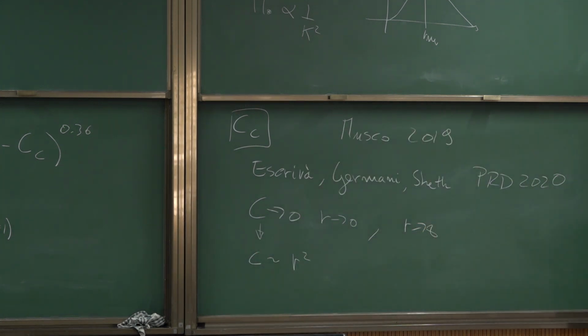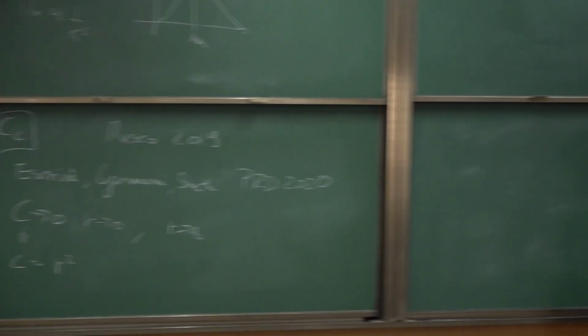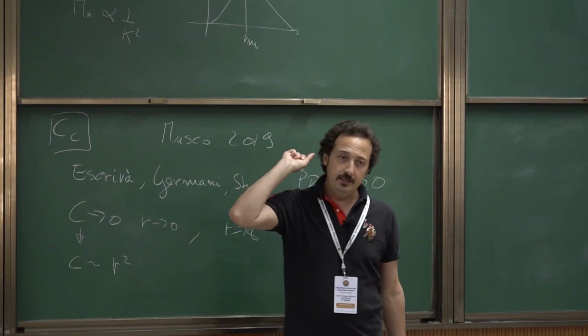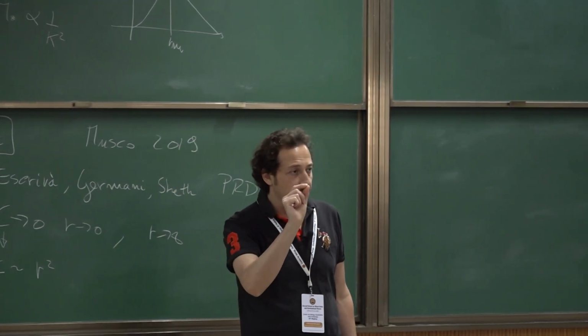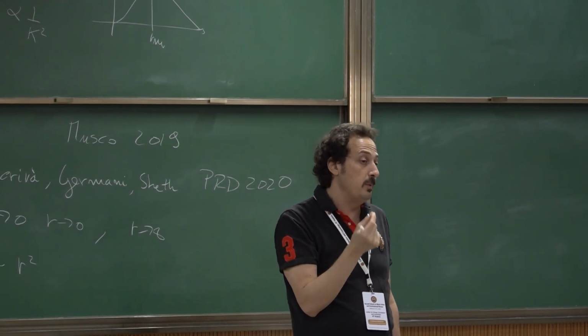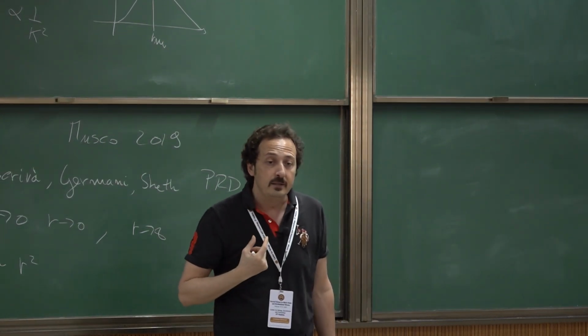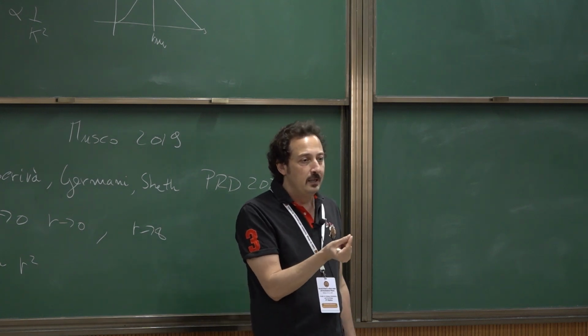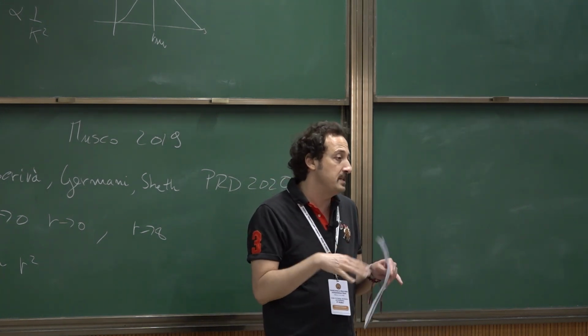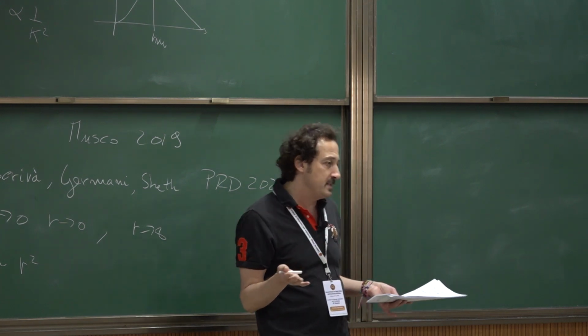Now, second thing, the threshold, as we said, is the value of this parameter such that we form a black hole of mass 0. A black hole of mass 0 would mean that there is only a very thin shell that is collapsing and everything else not. Because this thin shell is not infinity, it will give you mass 0.